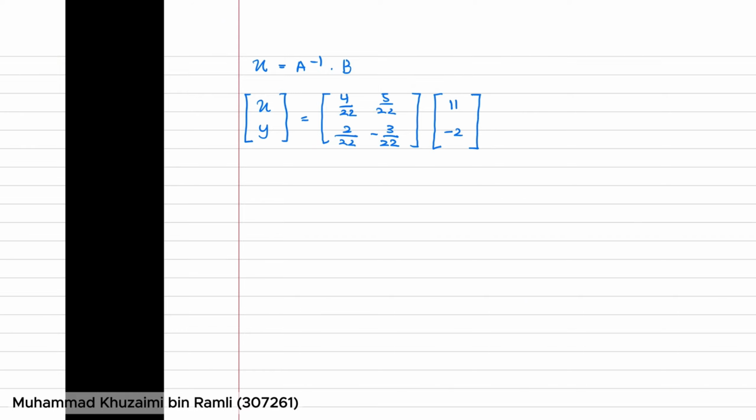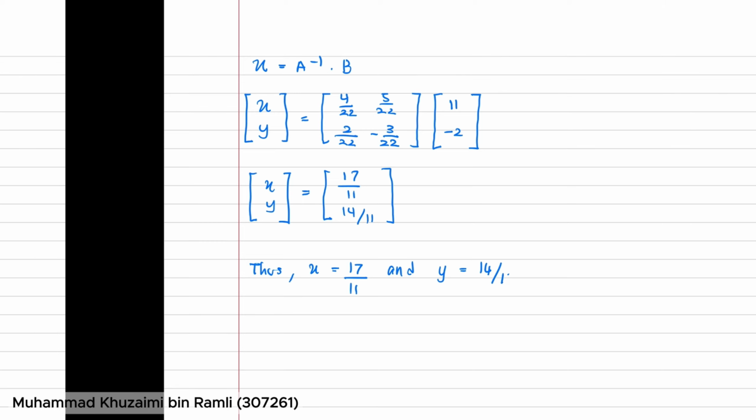So the final answer will be 17 over 11 and 14 over 11. After that, we write down x and y, which is x equals 17 over 11 and y equals 14 over 11.